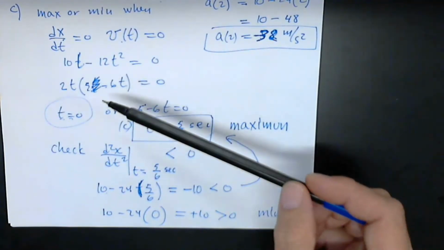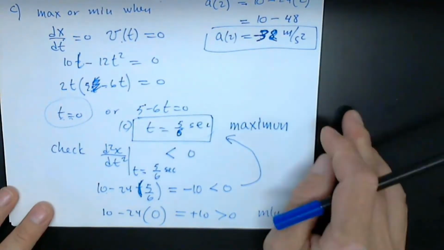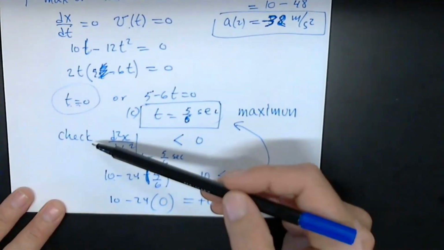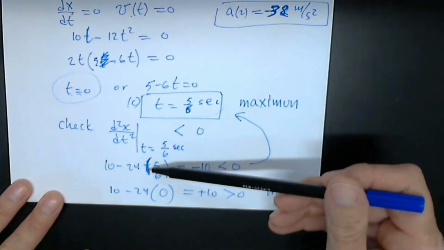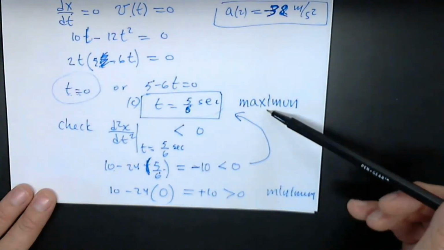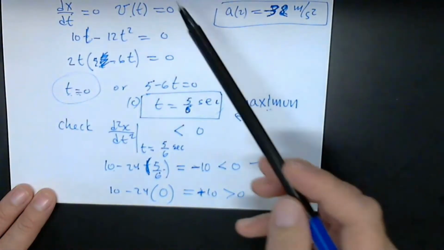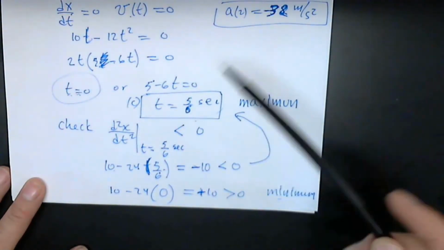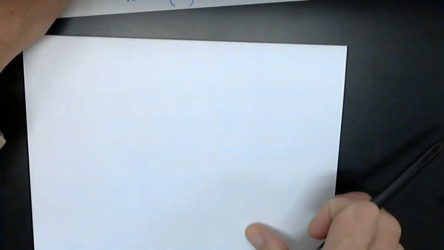So t is 0, or 5 minus 6t equals 0, which gives 5 over 6 seconds. And then check the second derivative, the acceleration, 10 minus 24t. You evaluate the acceleration at those times. If the acceleration is negative, it is a maximum. If the acceleration is positive, it is a minimum. So the maximum, that's what they're asking, is at 5 over 6 seconds later.